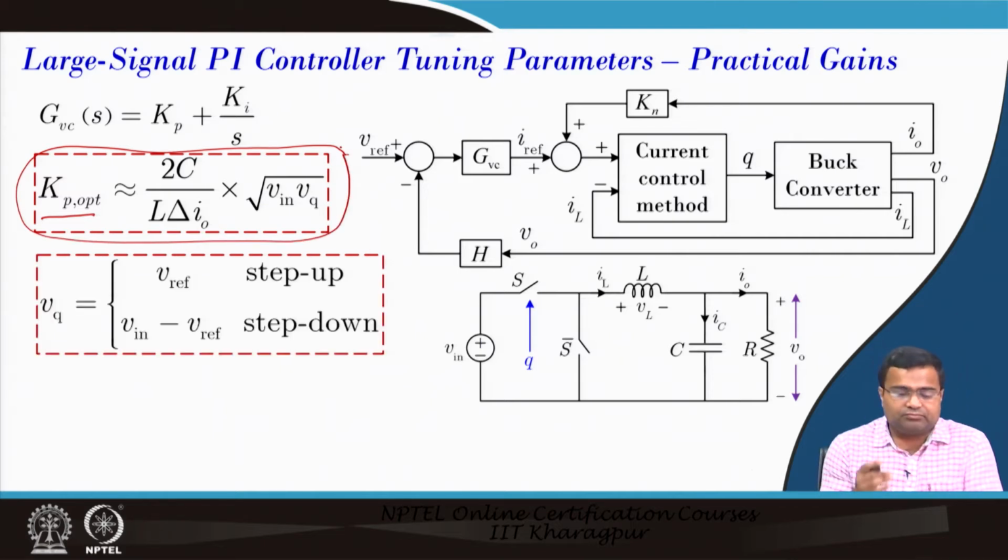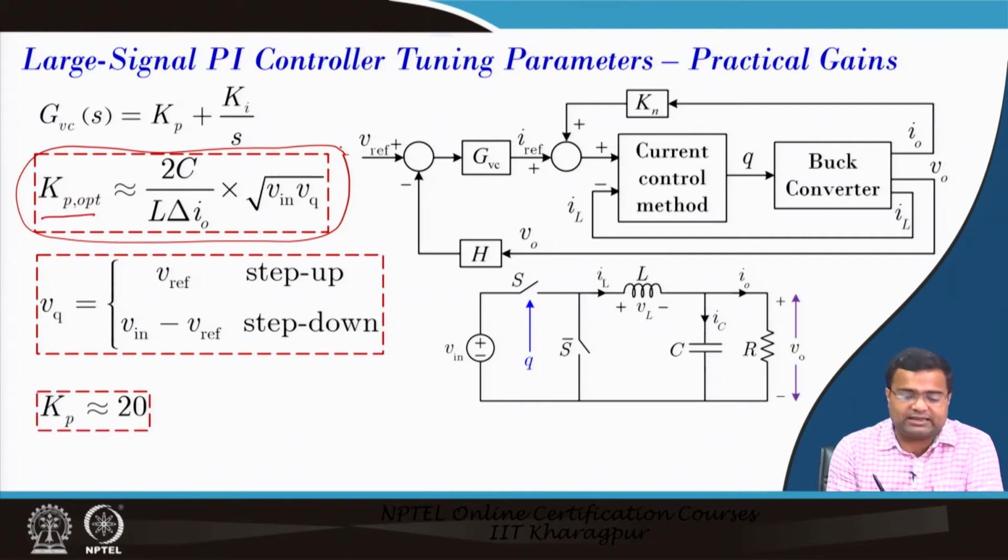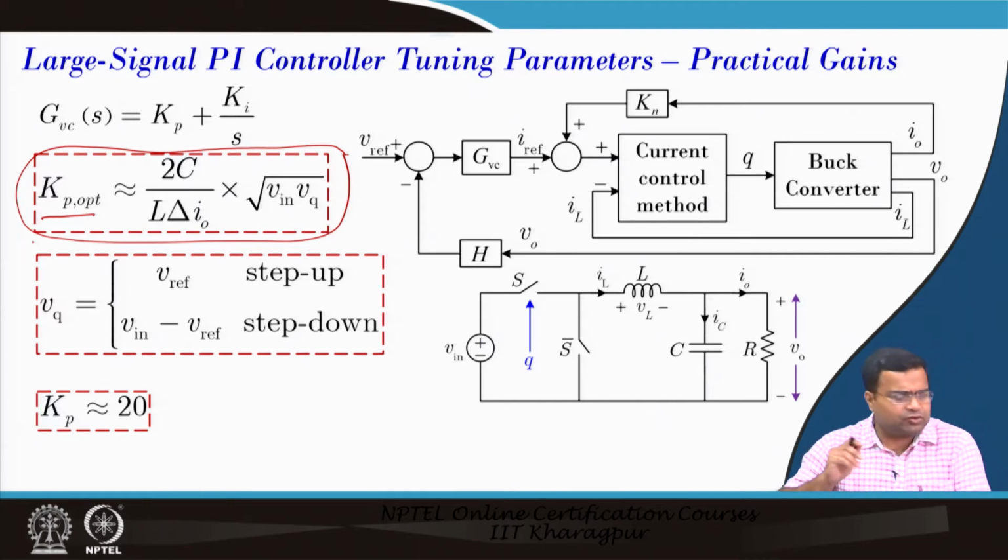But if we want to limit it, suppose Kp equal to 20 is my practical constant, then how can we scale the other gains so that we can get near optimal recovery? We are going to discuss this using a Matlab case study, so let us consider one scenario first.